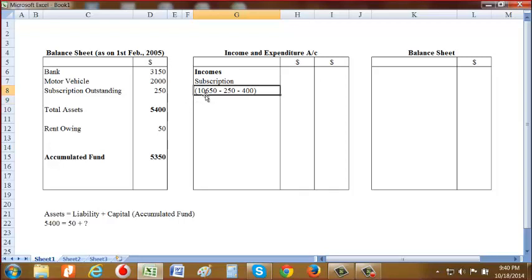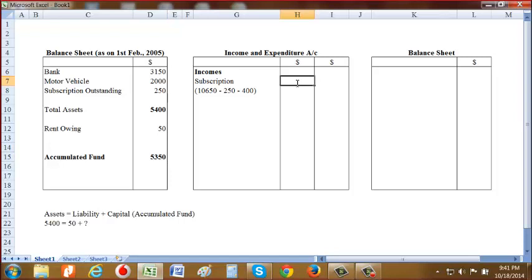Out of 10,650, 250 is related to which year? Previous year, because in the previous year it was outstanding. Some members have paid this year, so that 250 is included here, so I have to subtract that. And this 400 paid by members in advance means this 400 is related to next year, so I have to subtract that also.